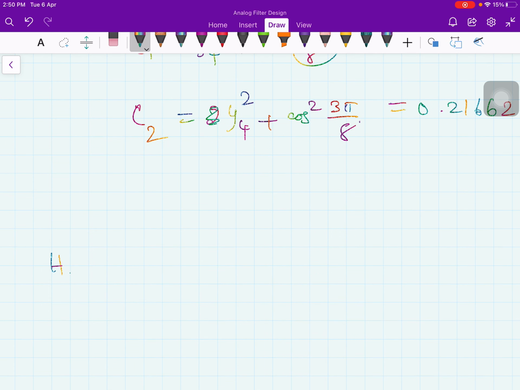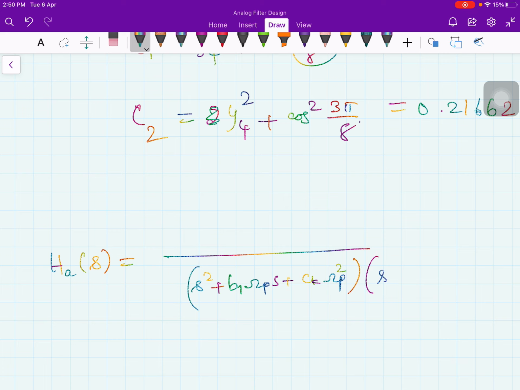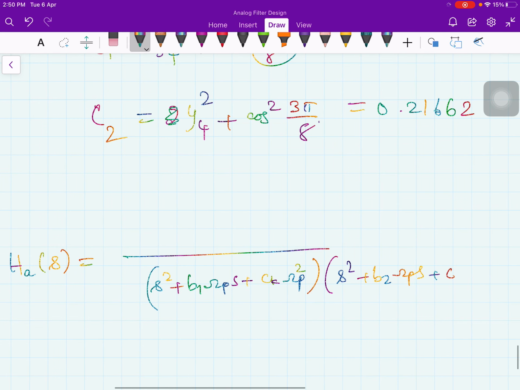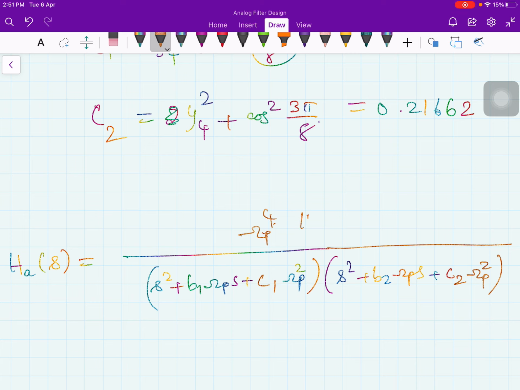Therefore your transfer function is HA of S is equal to, you know the general formula, the numerator omega P to the power 4, then the denominator is S squared plus B1 omega P S plus C1 omega P squared, multiplied by S squared plus B2 omega P S plus C2 omega P squared.